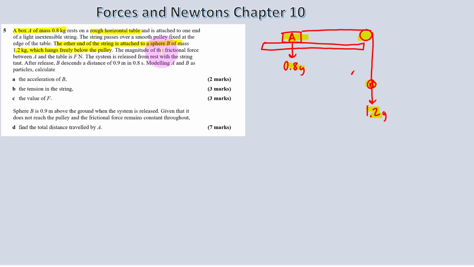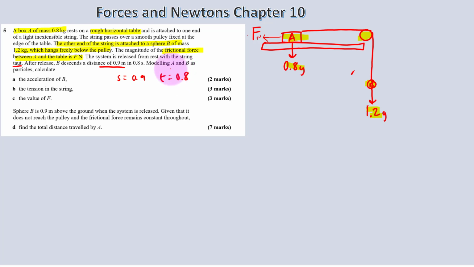The magnitude of the frictional force between A and the table is Fn, let's just call it F for now. It's released from rest, and the string is taut, so it descends. So s equals 0.9, time t equals 0.8.